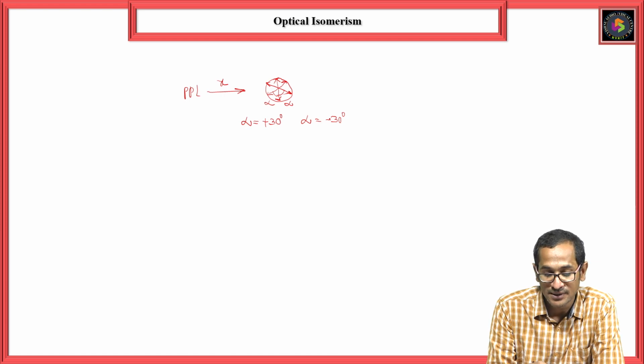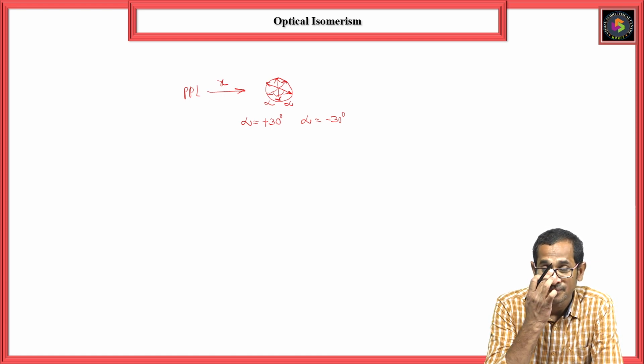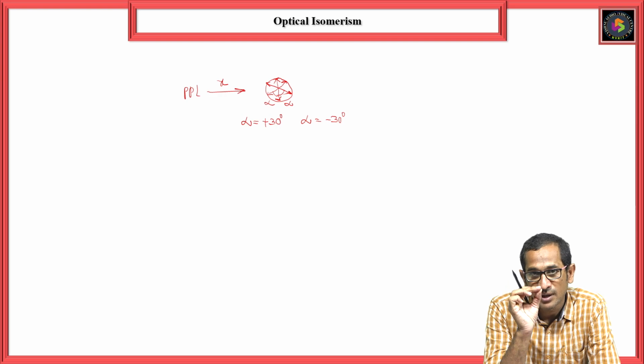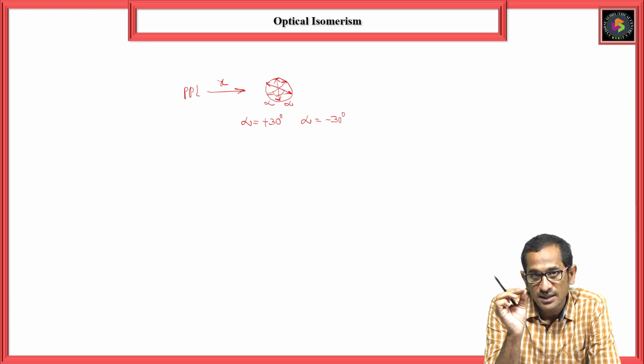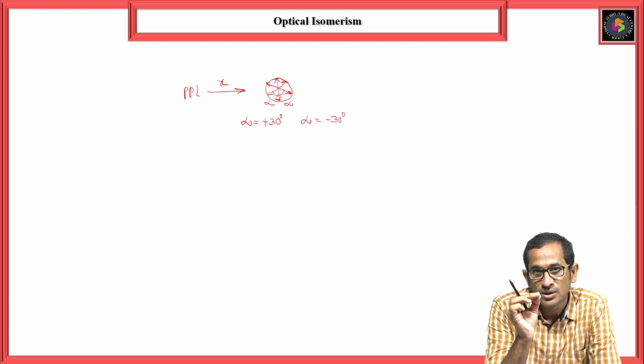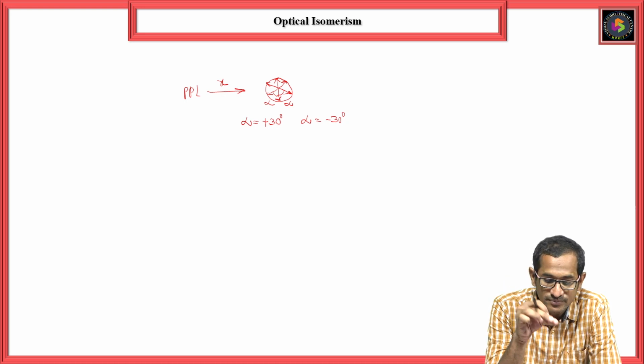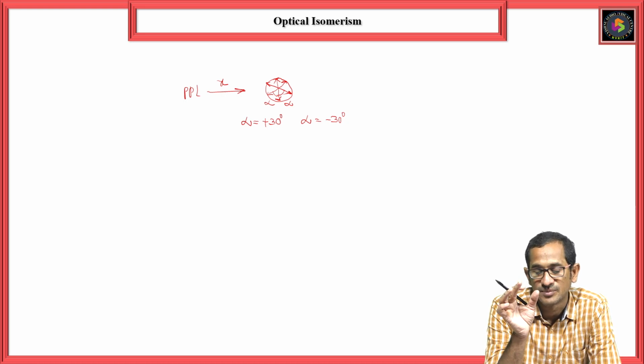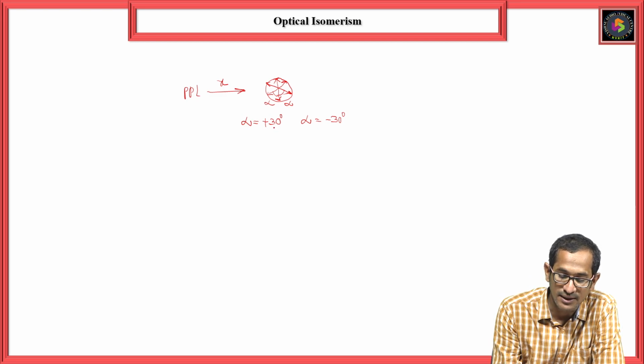In such a case, the compound rotates the plane polarized light towards the right side as well as towards the left side. So rotation is taking place in both opposite directions with the same magnitude of the angle, 30 and 30. Here the plus indicates the right side, minus indicates the left side.